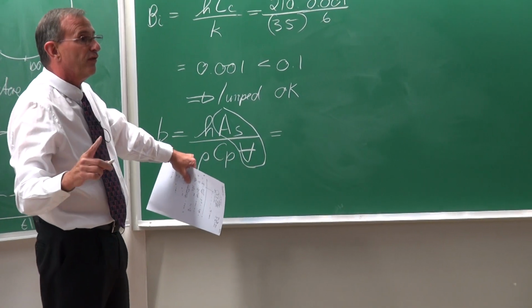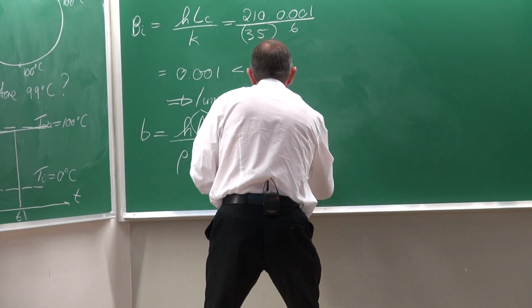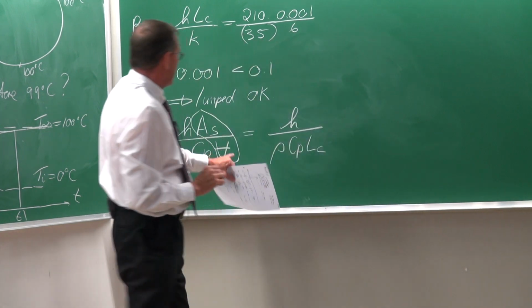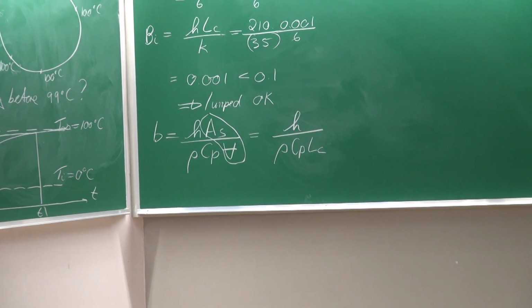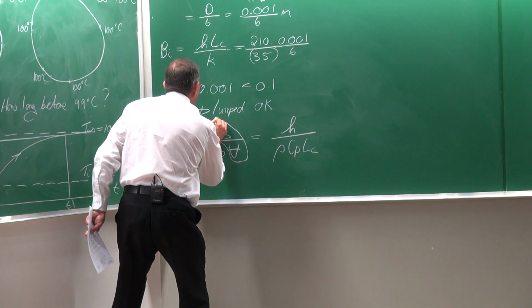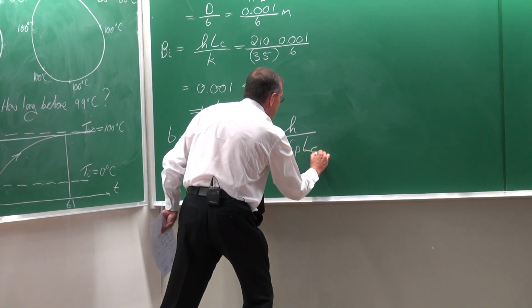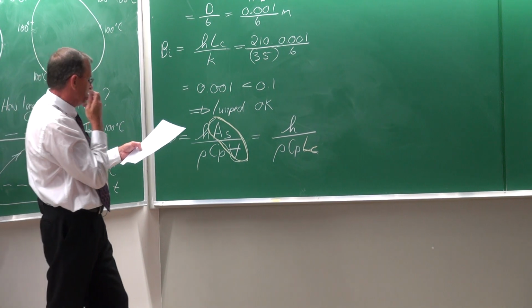So this value of B can also be written as the heat transfer coefficient divided by rho Cp divided by the characteristic length. You see that? So that term there is equal to the characteristic length. You can calculate it in any way that you want.